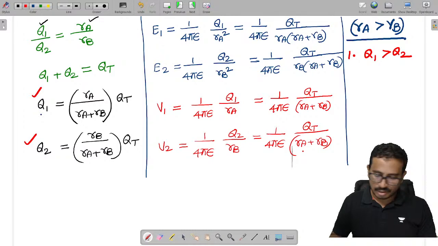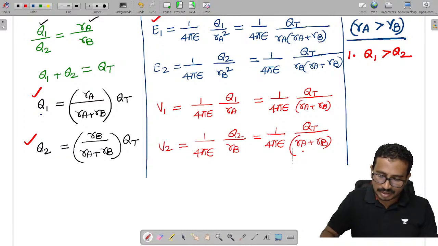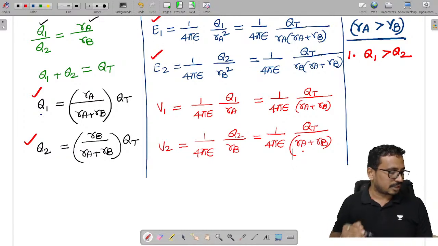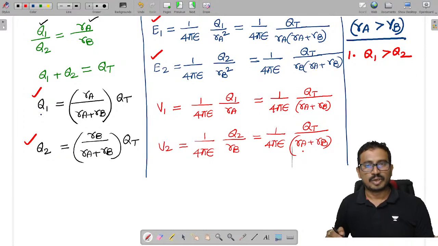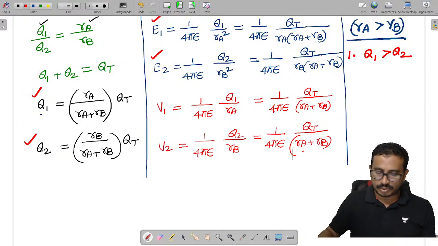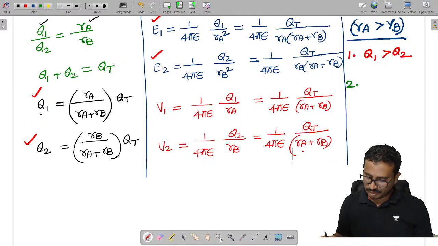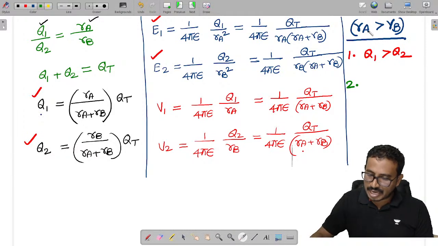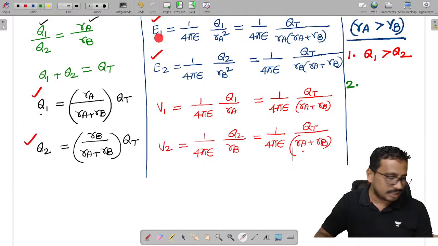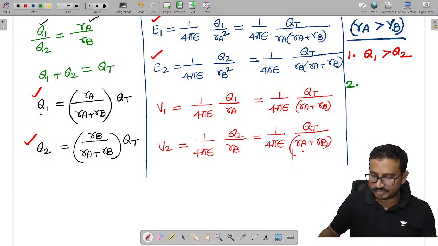And now you see this. In this, electric fields E1 and E2, whose electric field is more, you tell me. Here you see RA value is greater. RA is in the denominator, so E1 is smaller compared to E2.